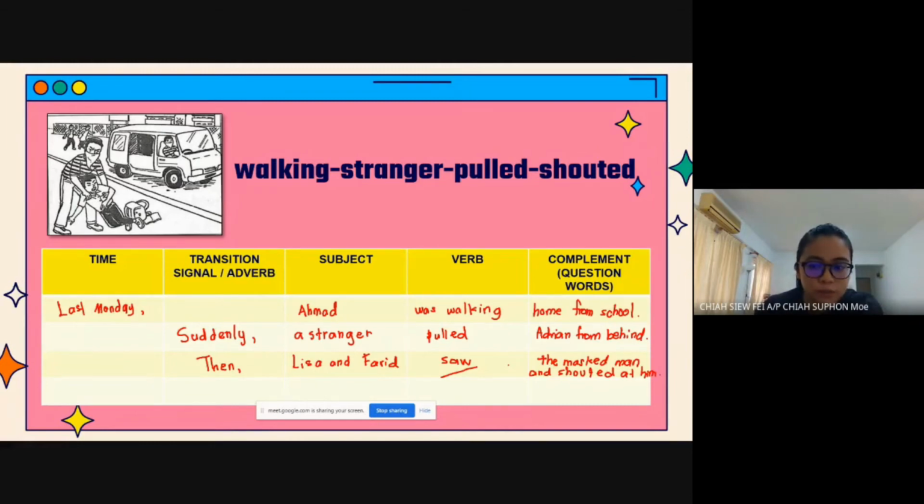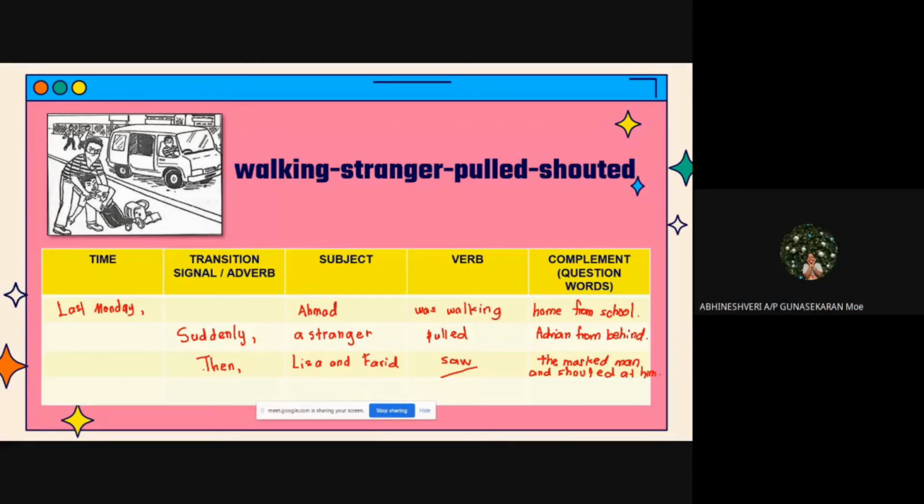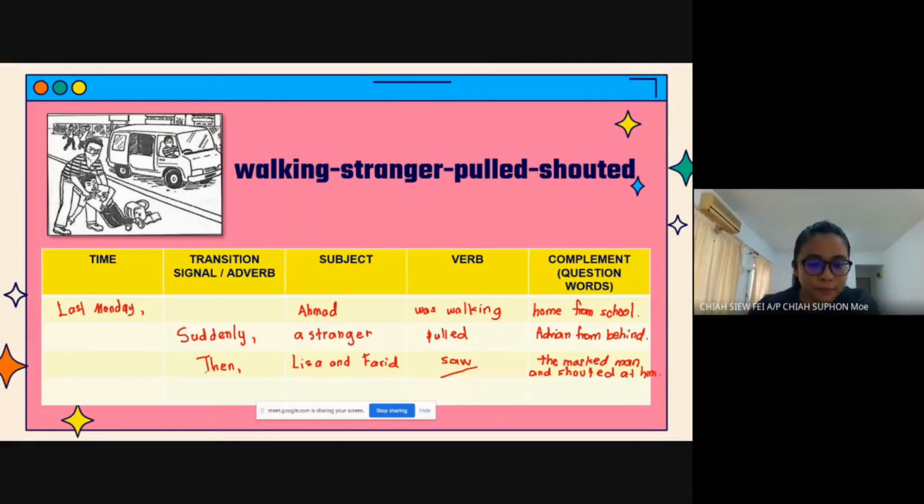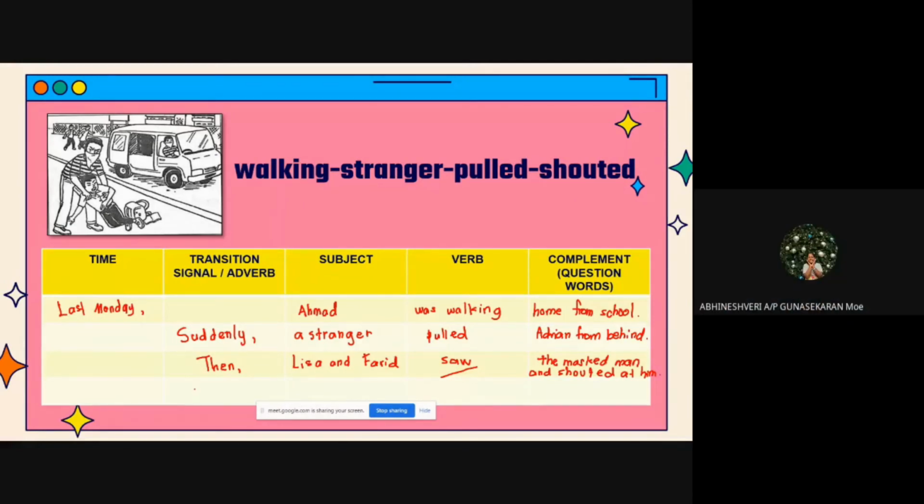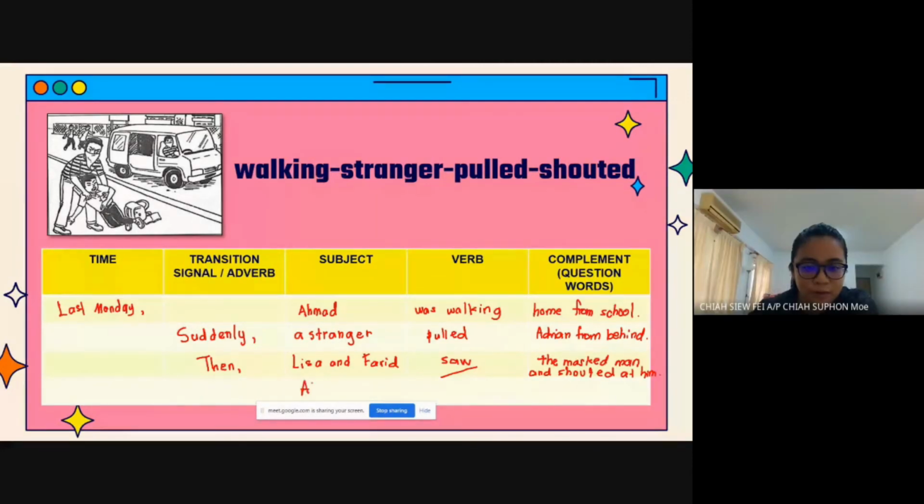Anybody wants to continue the story here? After Lisa and Farid saw and shouted at the masked man, what happened then? What else do you want to put there? Okay, try. Um, Ahmad struggles to escape from the masked man. Very good.